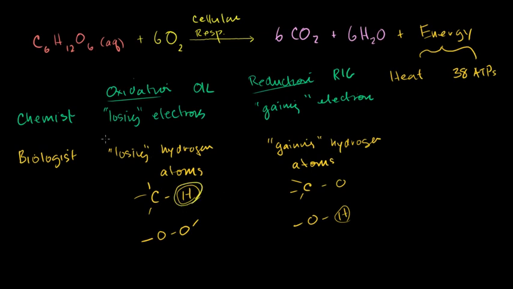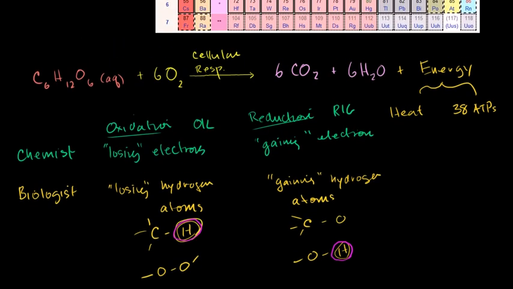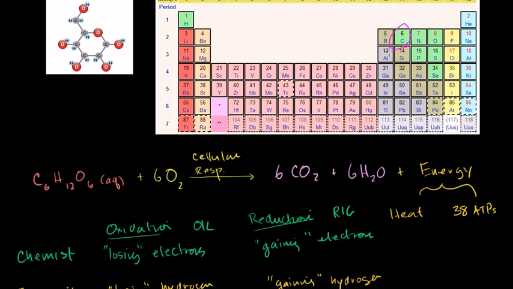The hydrogen went from this carbon to this oxygen, and the biologist would also say that this oxygen has been reduced. It's been reduced because it gained hydrogens. But the reality, or maybe the chemist definition, which I like a little bit more, is that carbon is more electronegative than hydrogen, and oxygen is even more electronegative than carbon.